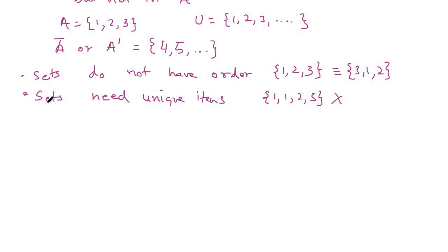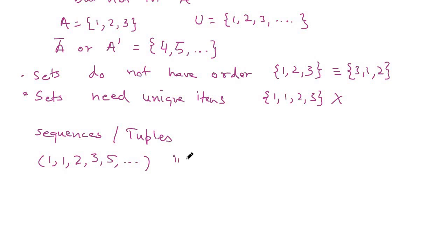So if we want to discuss such things, we resort to sequences or tuples. What are sequences? For example, you can take the Fibonacci series: 1, 1, 2, 3, 5, and so on and so forth. That's an infinite sequence because it has an infinite number of elements, and it also has an ordering.